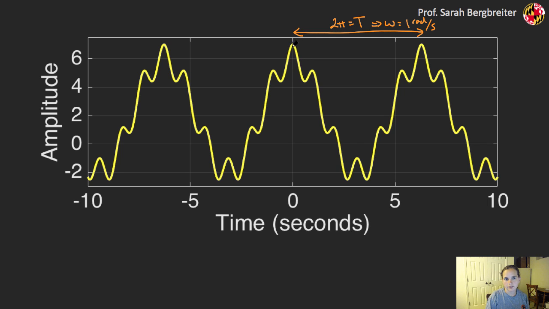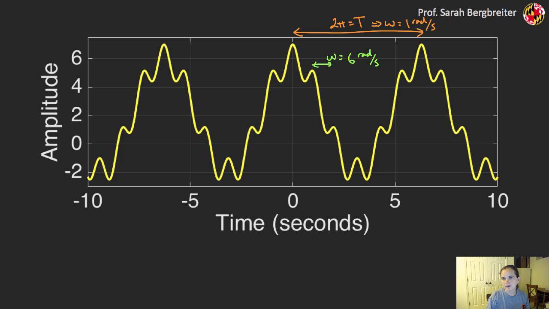Right, so in this case, if I'm starting from here, I have 1, 2, 3, 4, 5, 6 of those extra little bumps there. I could also go in here and try to measure the period of this, but often counting those cycles is the better way to do it. So this one will have a frequency of 6 times this right here, so 6 radians per second.